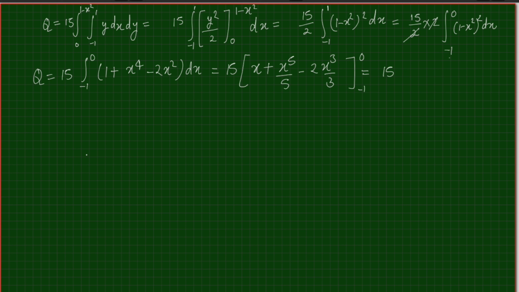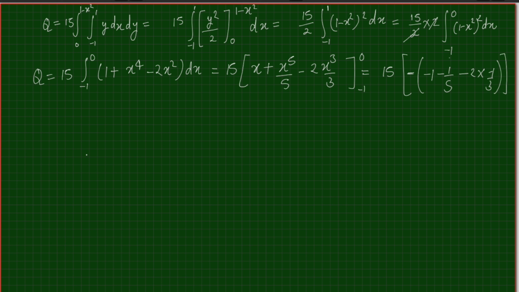If I put 0, everything will become 0, and minus, if I put minus 1 here, this will be minus 1, this will be minus 1 upon 5, and this will be plus, because minus 2 multiplied by minus 1 upon 3.